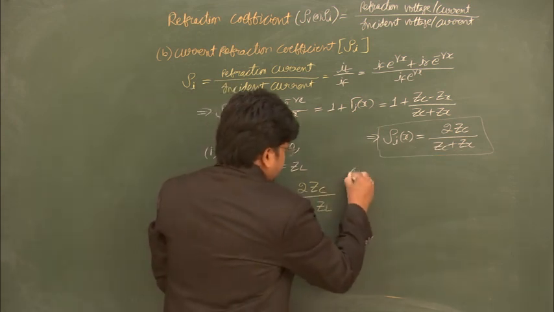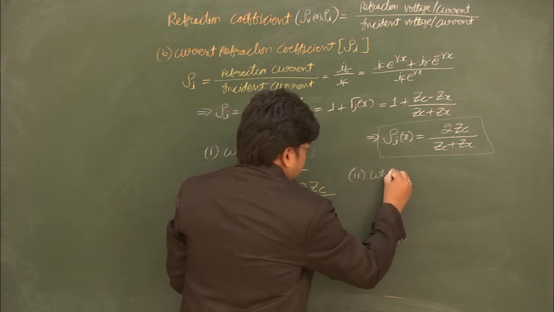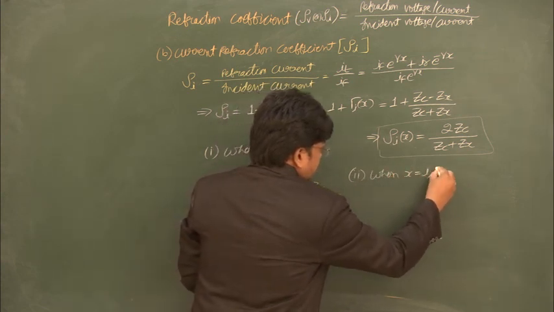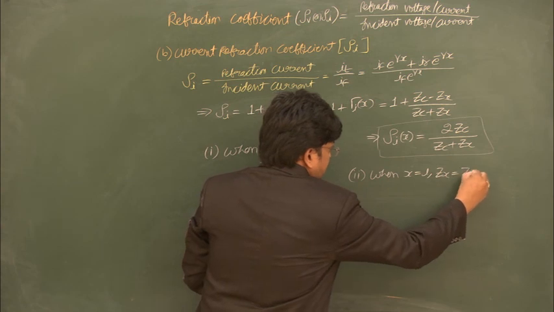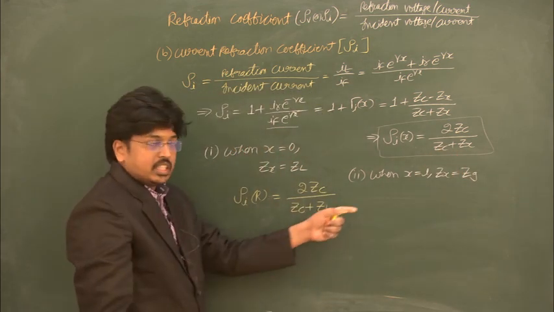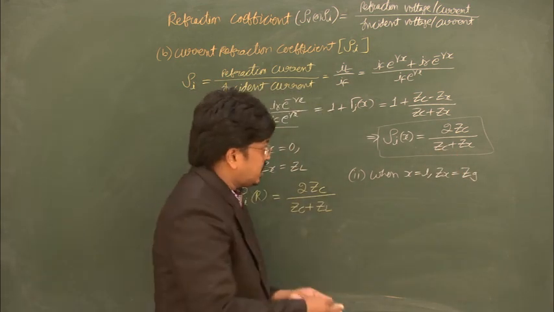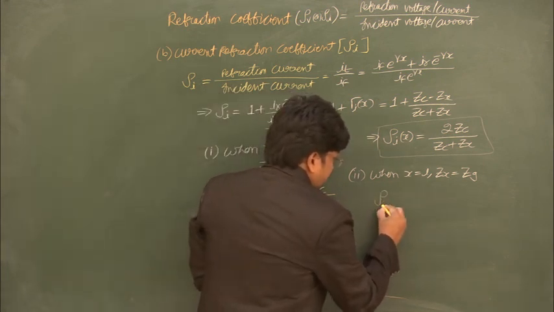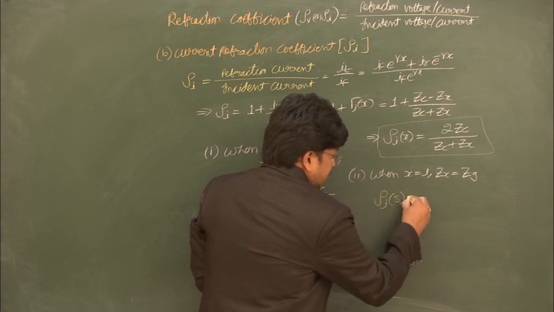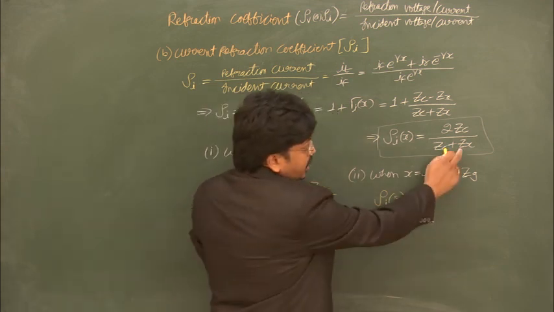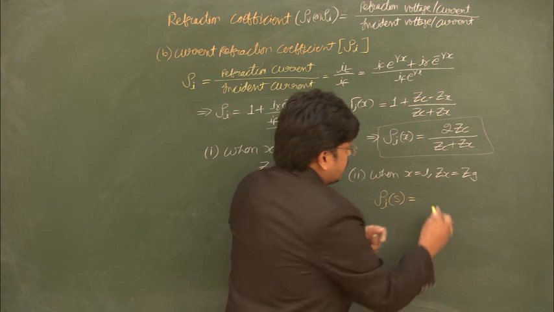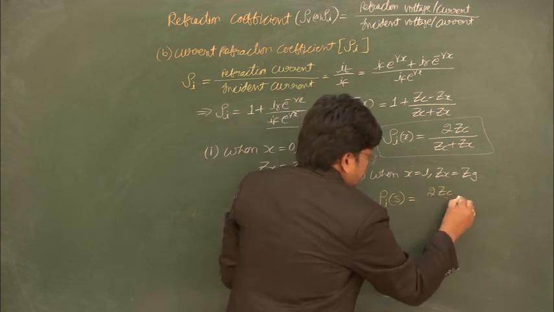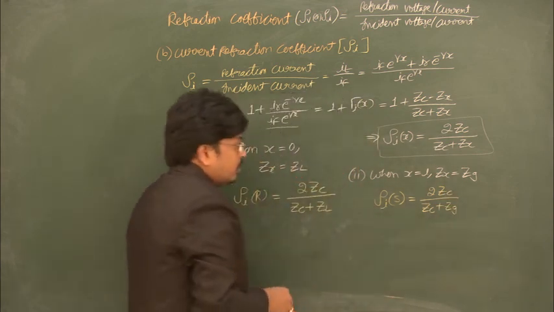Similarly, in the second case, when x equivalent to L, Zx becomes Zg. So the current refraction quotient at the sending end side, substituting Zx equivalent to Zg, is 2Zc by (Zc plus Zg).